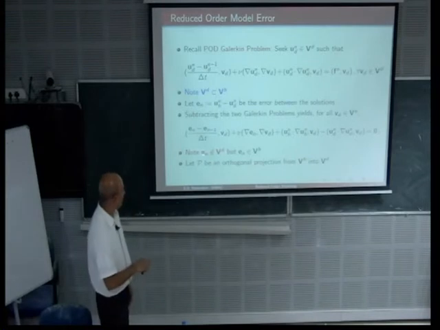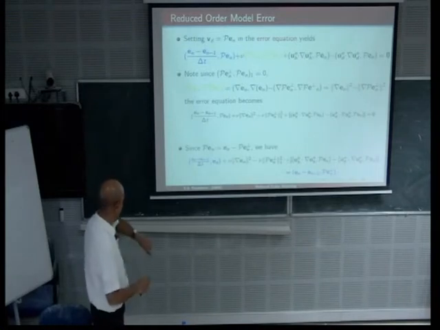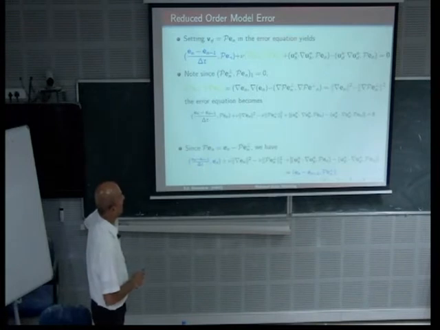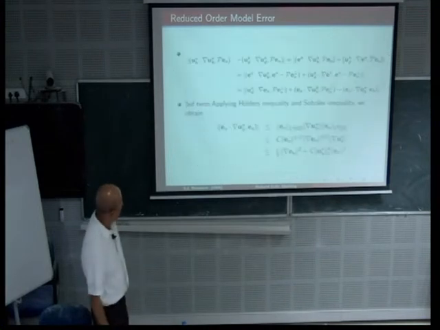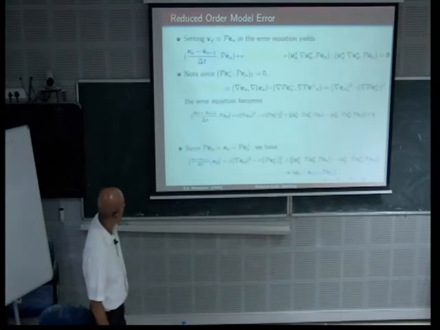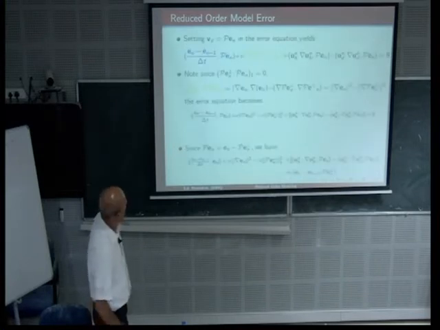I project this error that belongs to V_H onto V_D and work with the projected quantity. So let v_D equal P of E^n, a projection of E^n that now belongs to V_D. Okay, if I set v_D equal to the projection of E^n, I get this.